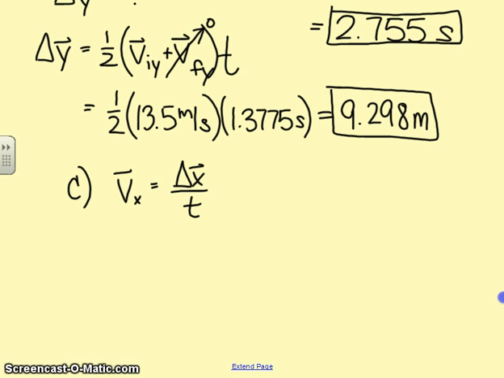To do that, I multiply both sides by time. Delta x is v_x times time. That's 23.383 meters per second times the total time of 2.755 seconds. This gives me an x displacement of 64.42 meters.